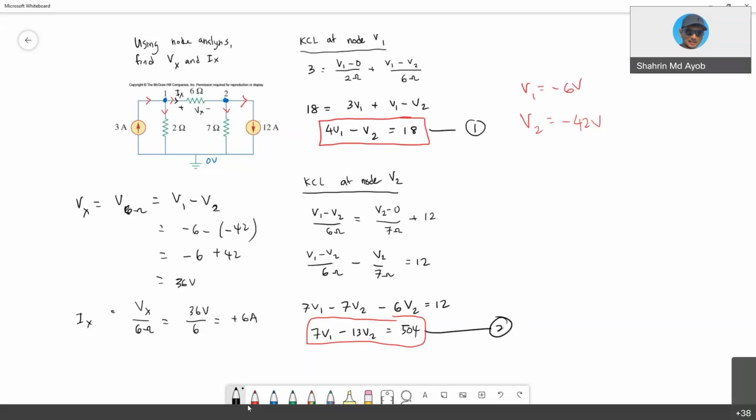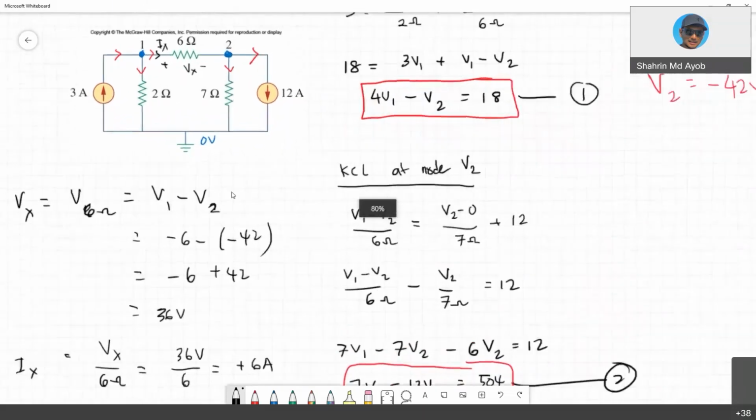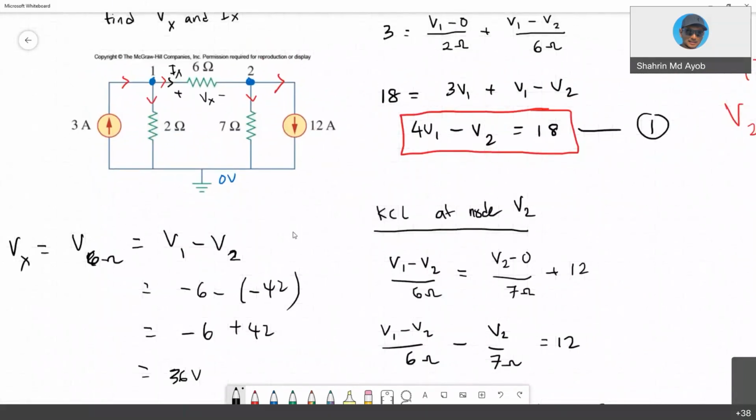Based on what we have learned, V1 is -6 volts and V2 is -42 volts. For example, the current direction is like this.